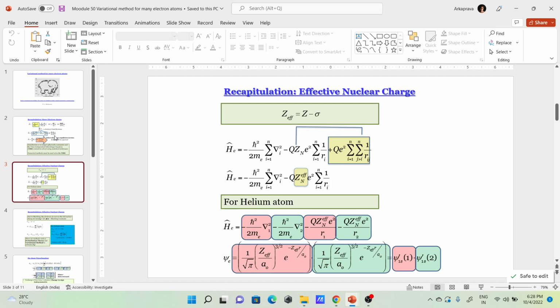Due to the Born-Oppenheimer approximation, we actually separate the variables. The nuclear motion and the electronic motion can be separated.